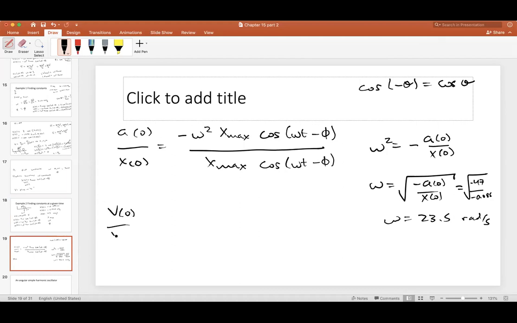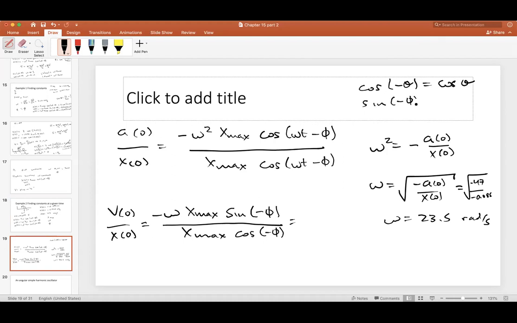v naught over x naught is equal to negative omega x max times sine, remember that this is zero, so this is sine of negative phi, over x max cos of negative phi. However, sine of negative phi is negative sine of phi.